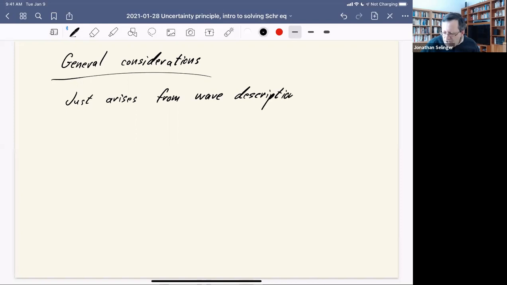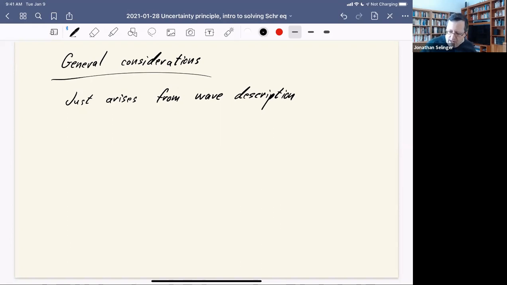All we've done is talk about what are the consequences of having matter that's described by waves. And so here we're seeing that whenever we have matter that's described by waves, we have to have a position that you can average by putting the x in the middle of this integral sandwich.